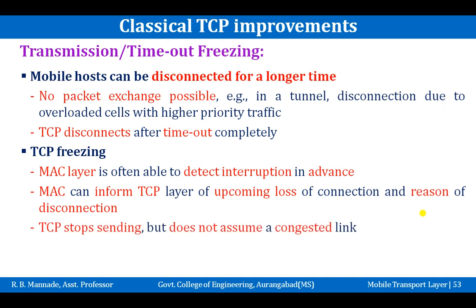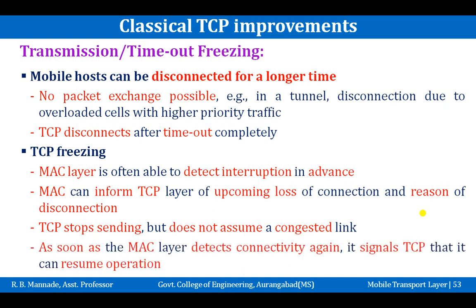Then upon receiving such information from the MAC layer, TCP can stop sending, but it does not assume a congested link, right? Even though TCP stops sending packets, in this case TCP does not assume that there is congestion in the network, but the sending is suspended due to the information sent by the MAC layer.